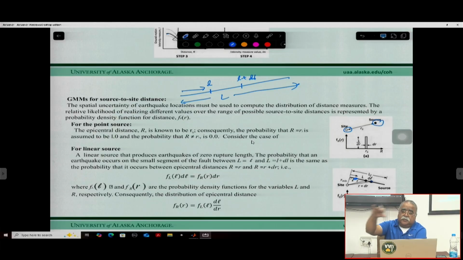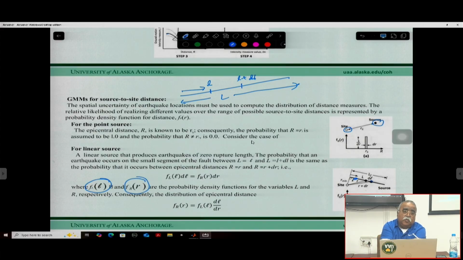So on that linear fault, these things can go from L to LR. So you can say that the probability density function for the length, if I can call it as FL(l), and the probability density function for the rupture, if I call it FR(r).